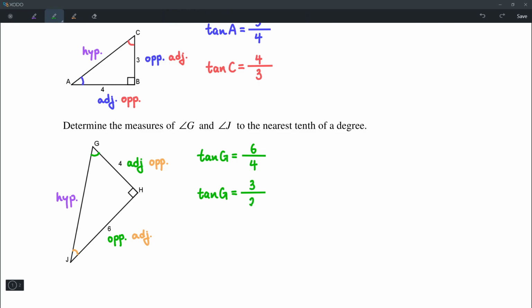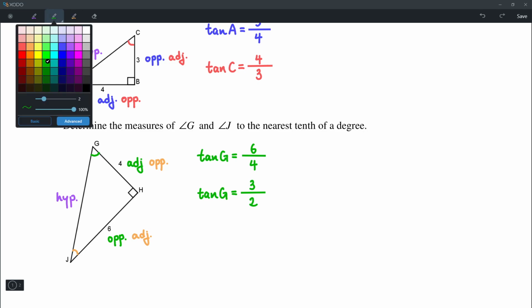So what we'll then do is, since we have tangent G, we want G by itself in order to find the angle measure. We will use the inverse operation.